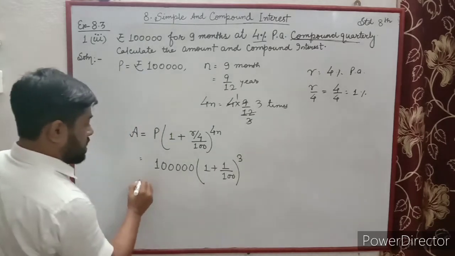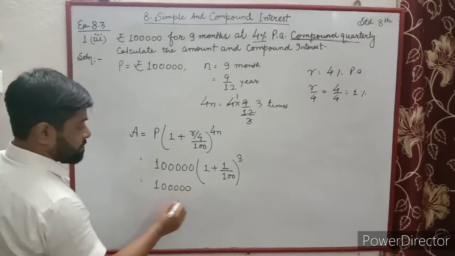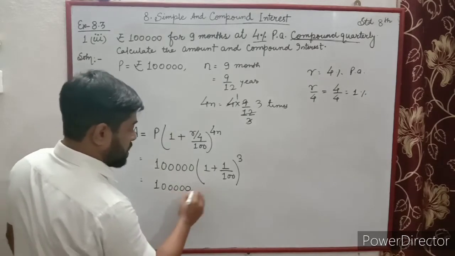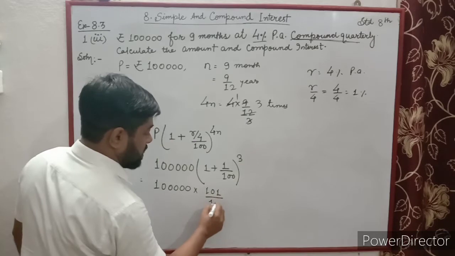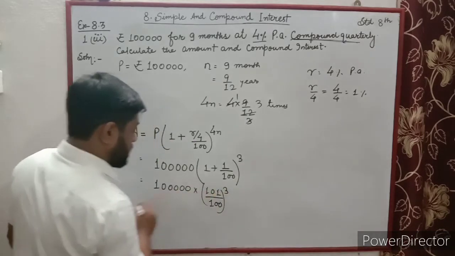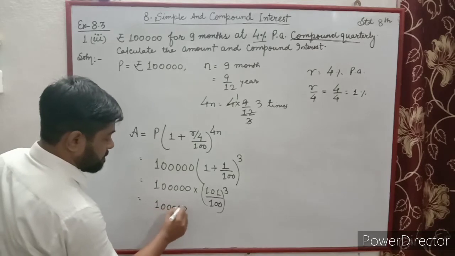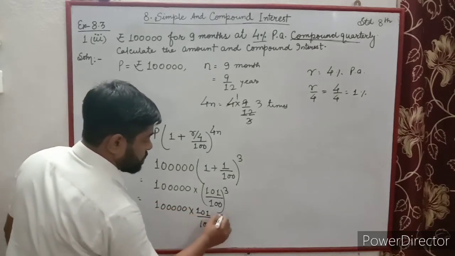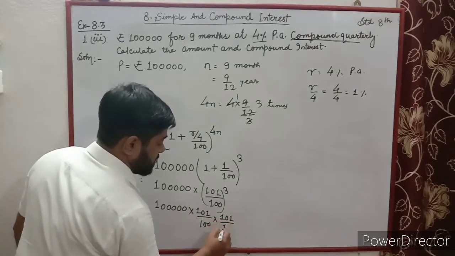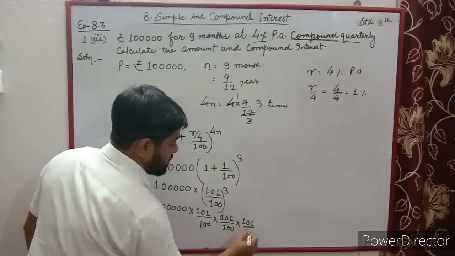Now 1 lakh into (101 by 100) to the power cube. Now 1 lakh into 101 by 100 into 101 by 100 into 101 by 100.